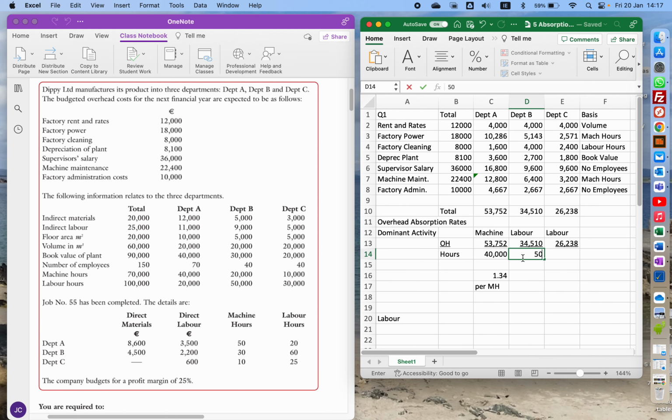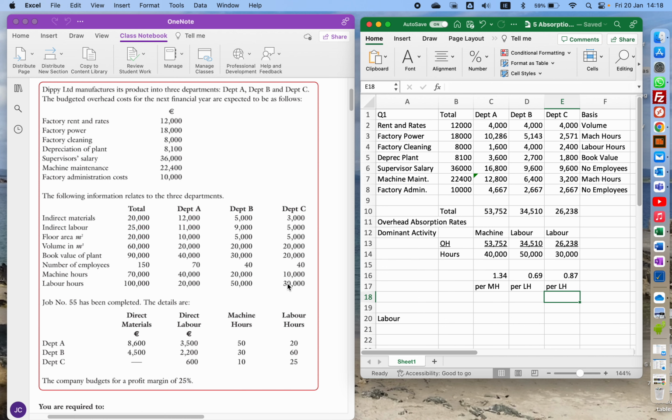So if I divide those, it's 0.69 per labour hour. And the last one then is 30,000 labour hours. So the rate for this one is going to be 26 divided by 30,000. So that is that per labour hour.